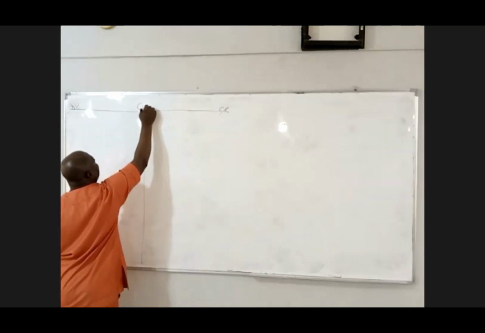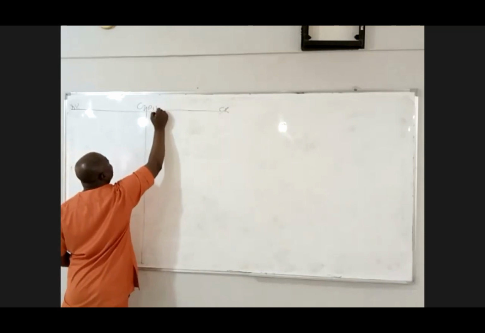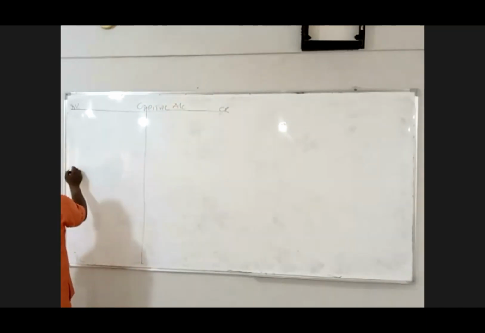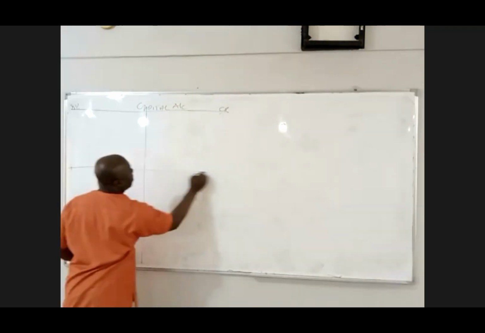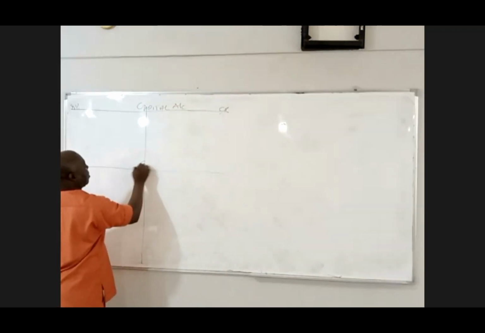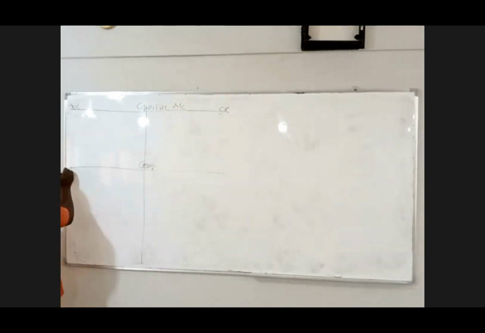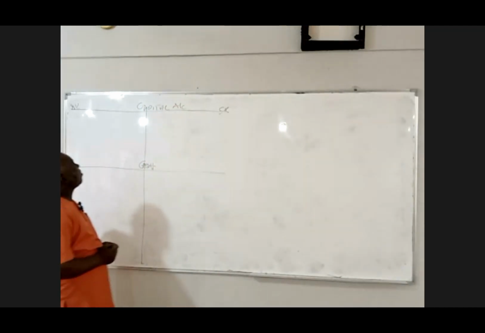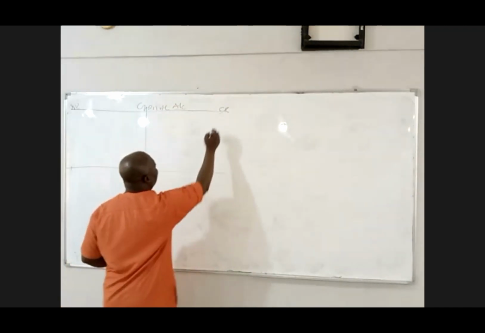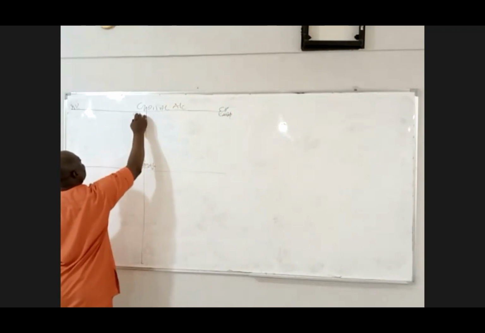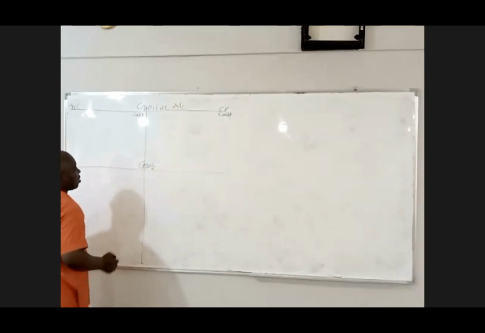So this is our capital account, and this is our cash account. Capital account and cash account. Good.